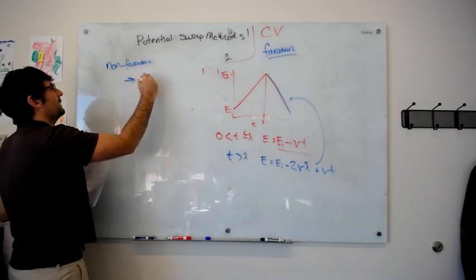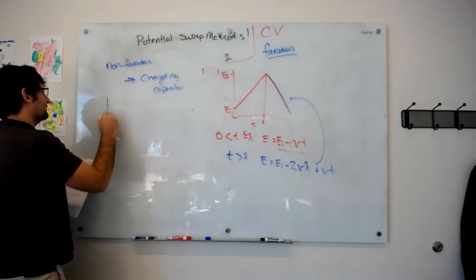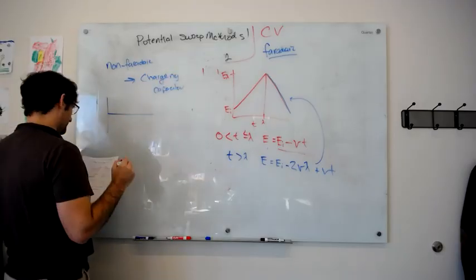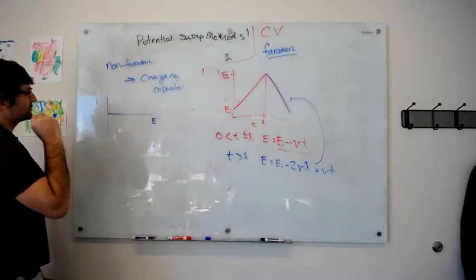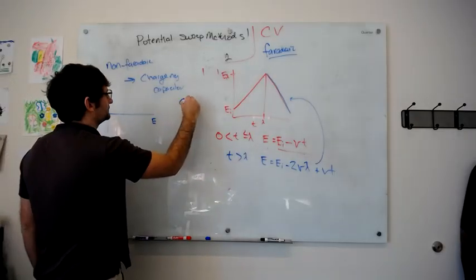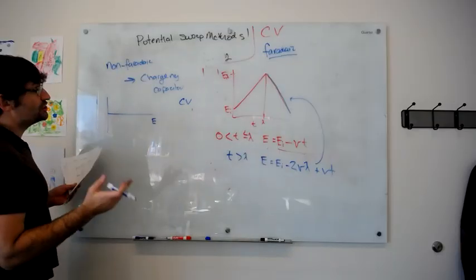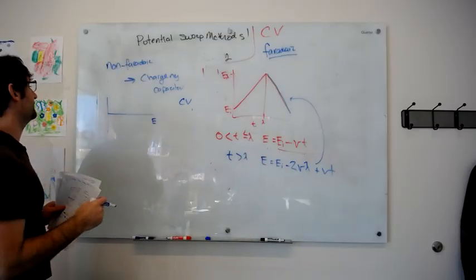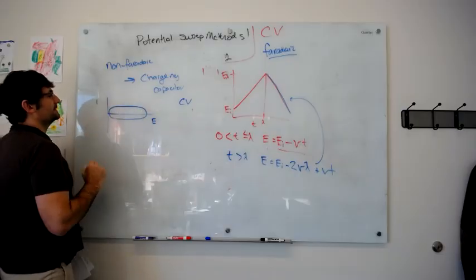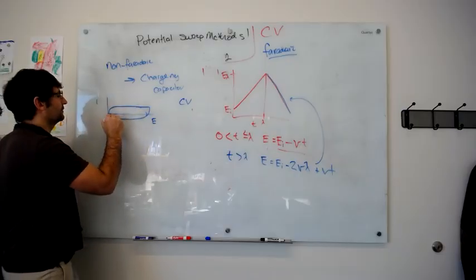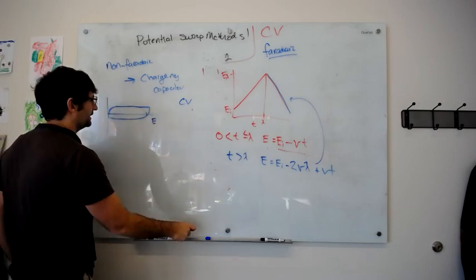Due to charging of a capacitor that forms the double layer. So qualitatively, if I measure a CV, I'm going to sweep the potential and look at the response. If I have no redox species around, I'm going to get this nice capacitive curve, which you guys have measured. And this is purely non-Faradaic.